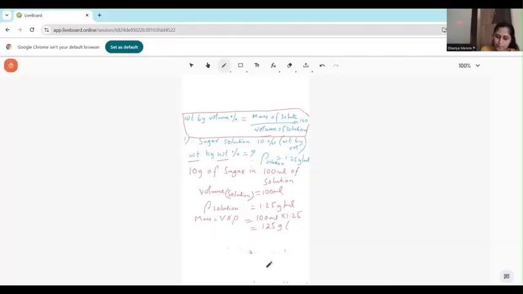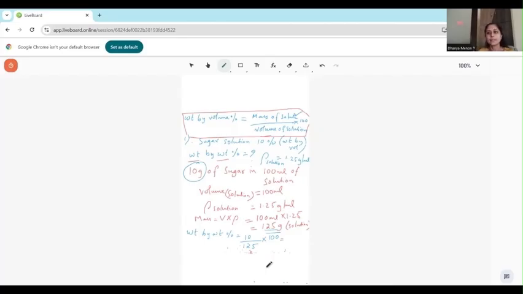Now can we put it in the formula? We have weight by weight percentage. Weight by weight percentage equals mass of the solute, which is 10 grams, over the mass of the solution, 125, times 100. When you solve this, you will get the answer.